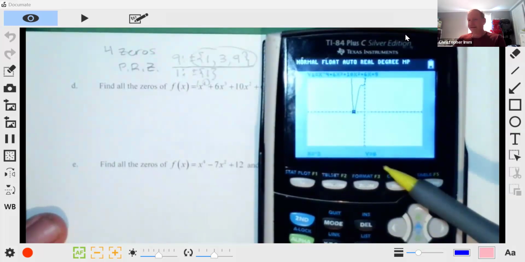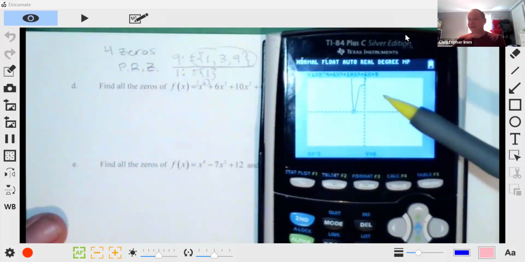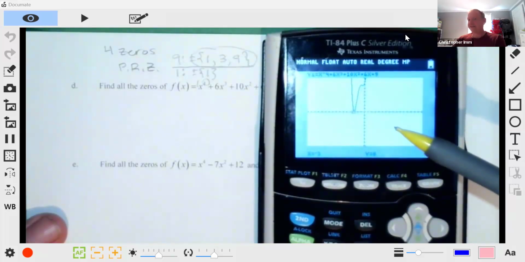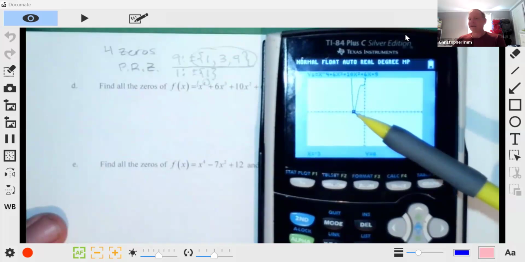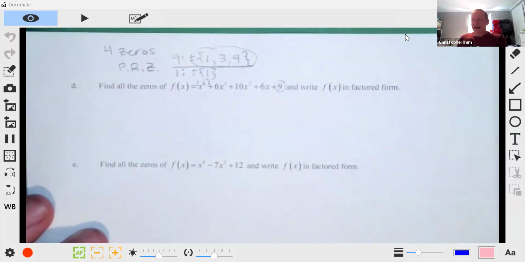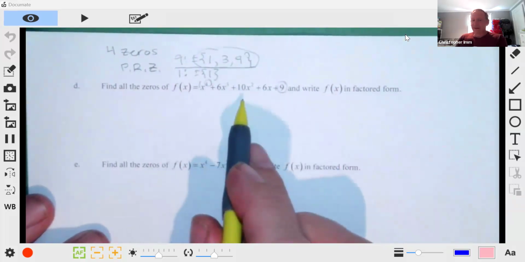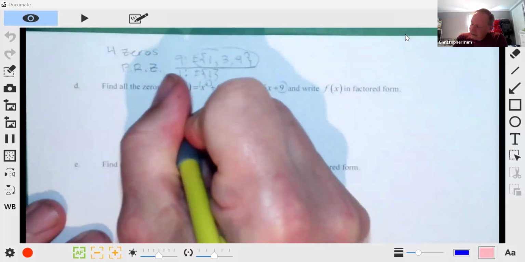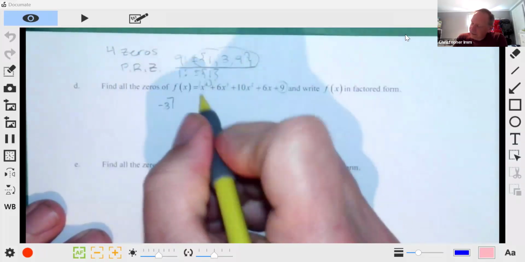Yep, it's exactly 0. So since this bounces off, we know that this is going to have even multiplicity. So that zero here, negative 3, is going to be used at least twice. We can do that to our advantage to get the factors here. So I'm going to divide in negative 3, not just once, but twice.